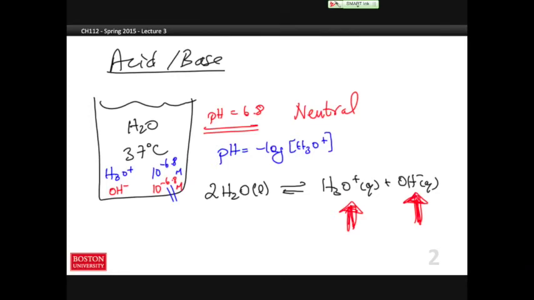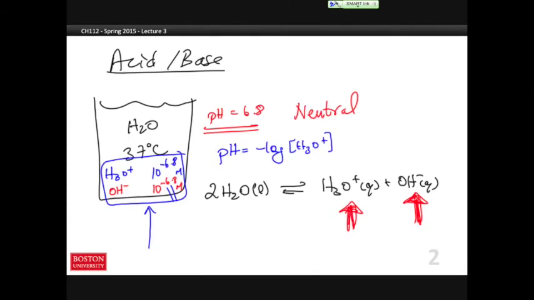This is just an ice table kind of thing. So, is this neutral, acidic, or basic? I said it's neutral, and the reason I said it's neutral is because the amount of hydronium, which is the acidic species, and the amount of hydroxide, the basic species, are equal.